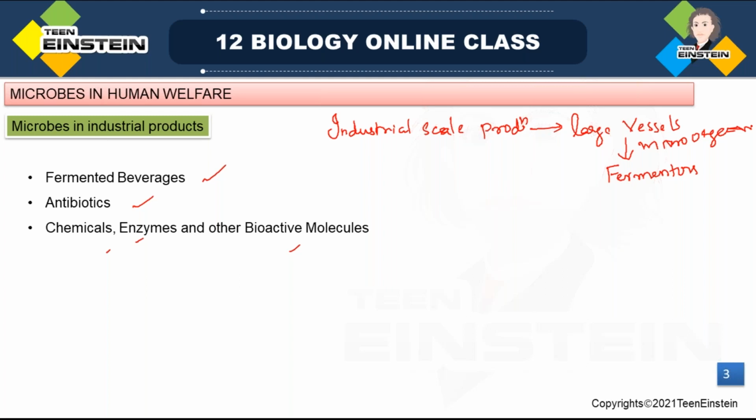Okay. Then next, we are going to learn about fermented beverages. So what are fermenters? The large scale production or the industrial production of microbes in a very large vessel is called as fermenters. Okay.